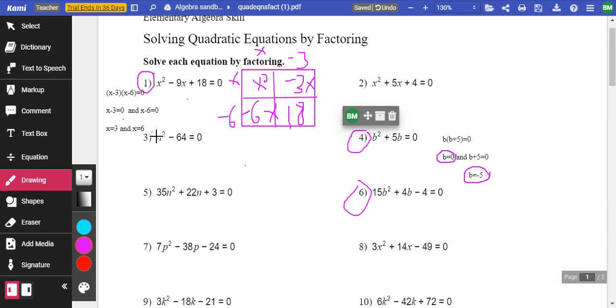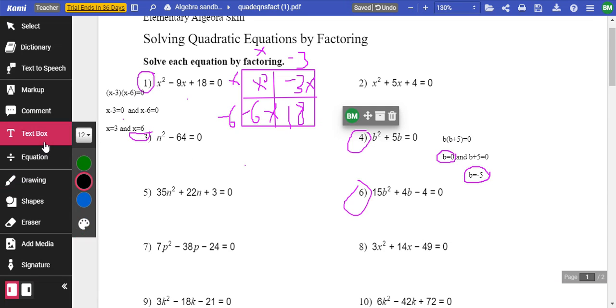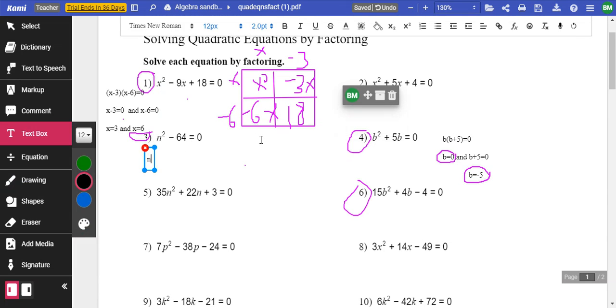Let's do one more. Let's look at 3, which is a special one where we've got two perfect squares. So we've got to remember that this is n minus 8 and n plus 8. And I simply took the perfect squares and square rooted both of them.